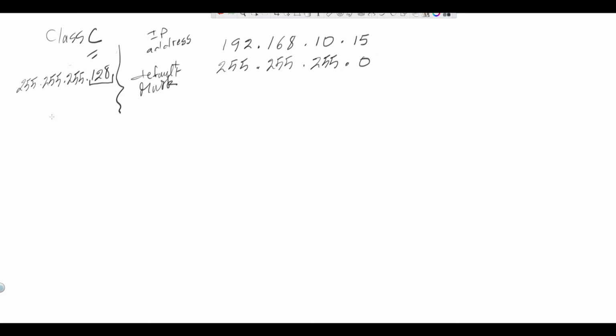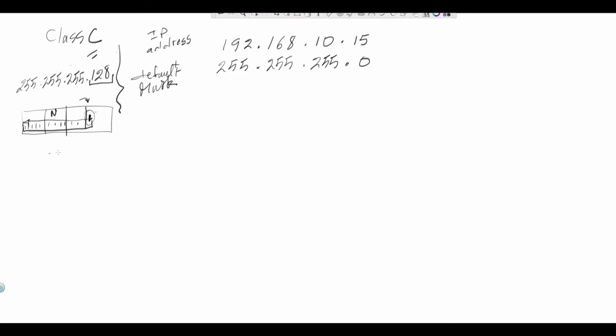This means here, if I have a class C address, it's got 4 octets, right? What I'm trying to do here is steal a bit from here and add it to the network identification range of bits. So I am getting into this last octet and taking this bit here, which means everything else here is all ones.